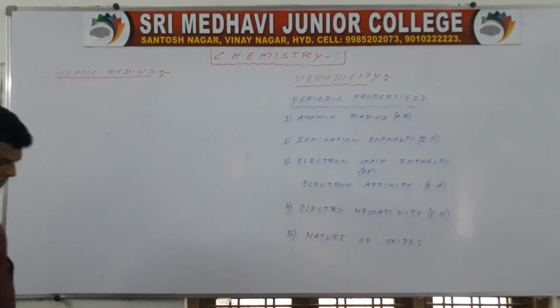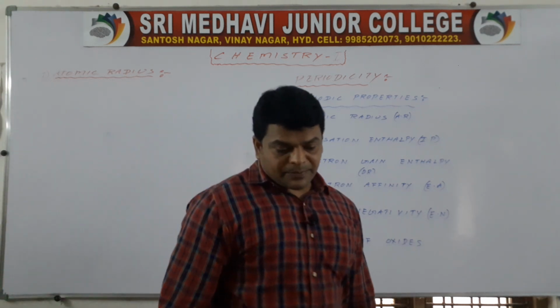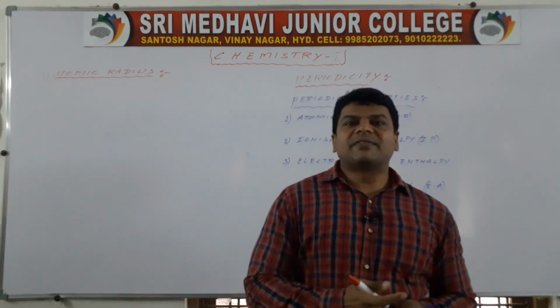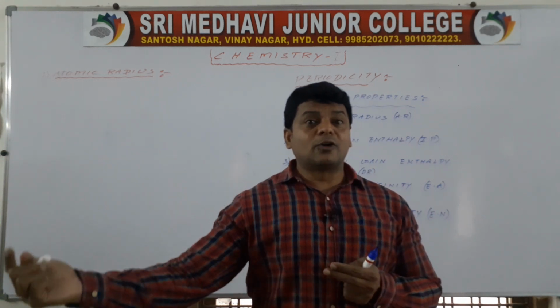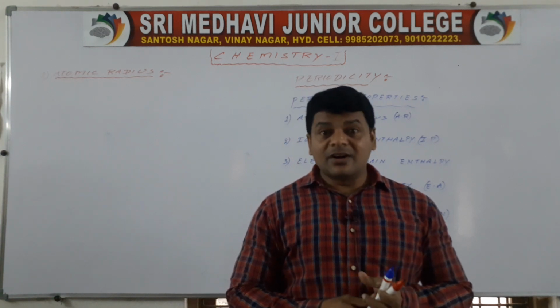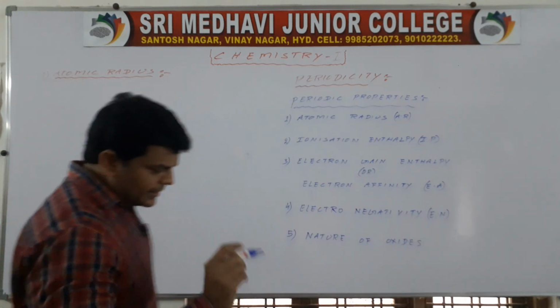What is atomic radius? The distance between the nucleus and the electron present in the outermost orbit is called atomic radius.